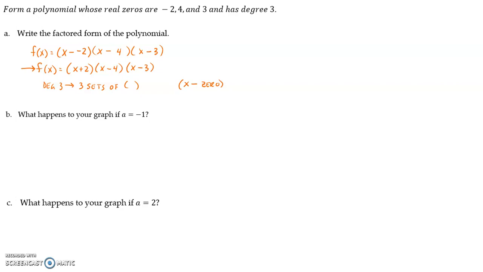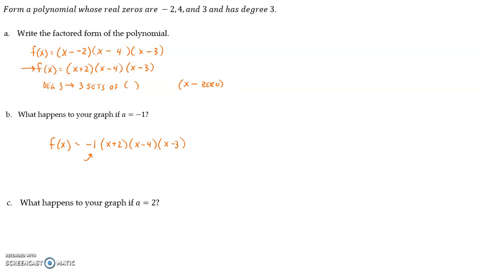Let's take a look at part B. We want to know what's going to happen to our graph if we have an a value of -1. So let's go ahead and write this out with our polynomial. Alright, this time we're going to put a -1 in front of those sets of parentheses. And if we took a look at our graph, remember what happens when you have a negative out in front.